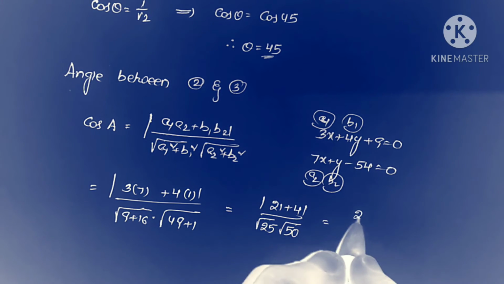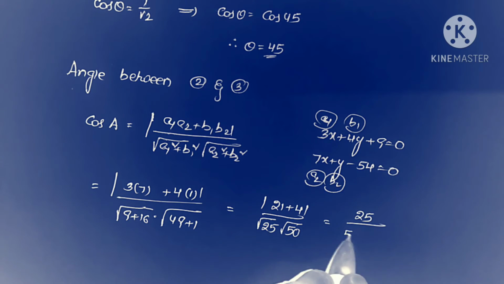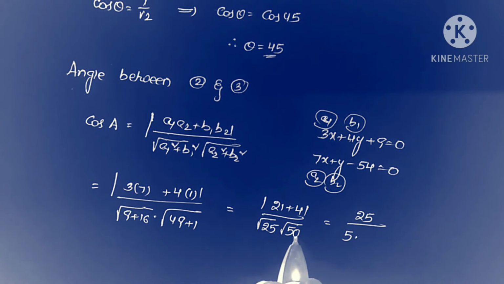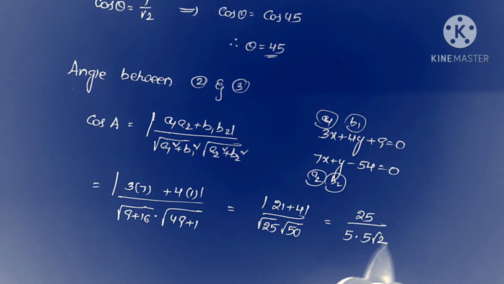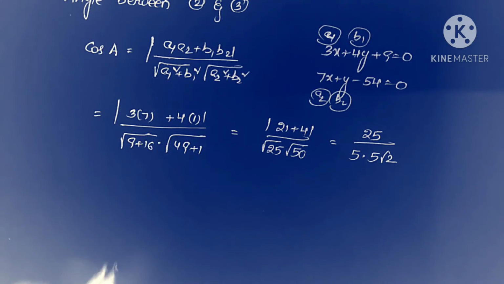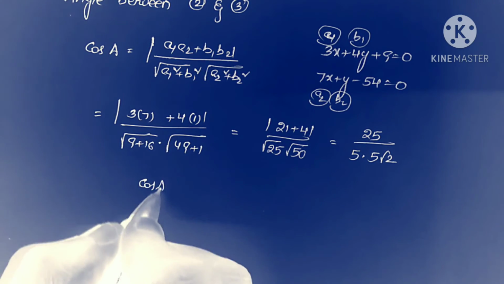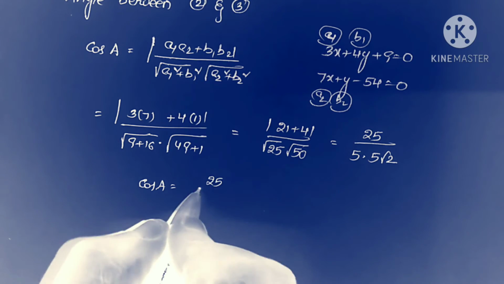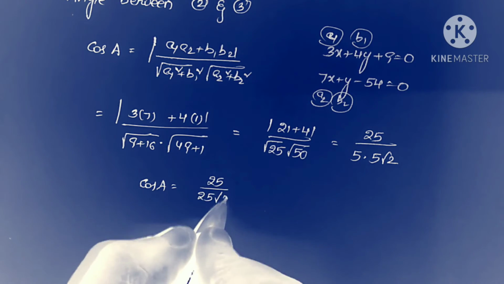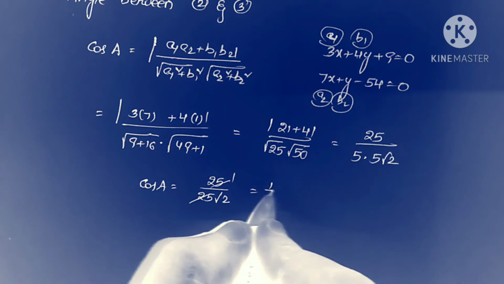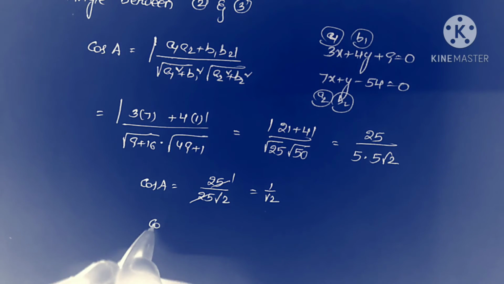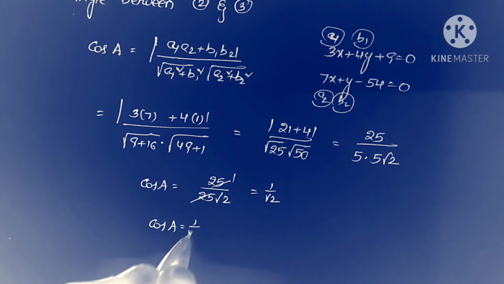Which is equal to 25 by root 25, that is 5, root 50, that is 5 root 2. Therefore cos A is equal to 25 by 25 into root 2, which is equal to 1 by root 2. So cos A is equal to 1 by root 2.